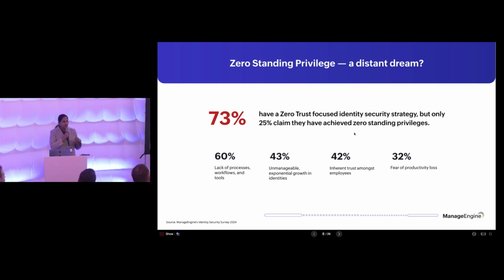And some of them also trust their employees inherently, which means if someone needs access to a sensitive server, they just share the credentials without even knowing the intention of the employee or the identity posture of the employee, right? And 32% of these decision makers also feel that there could be a productivity loss if you add more tools to your identity stack. So this is why only 73% of CIOs believe that they have identity security focused on zero trust, right?